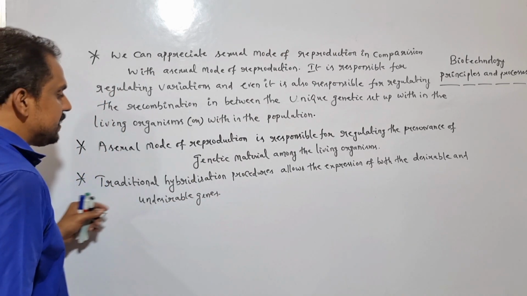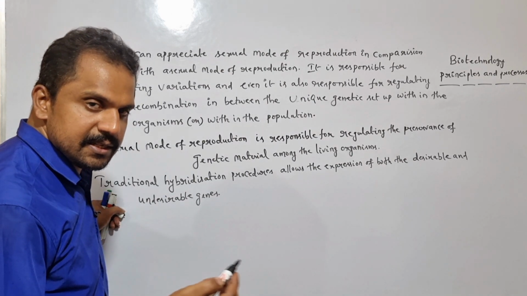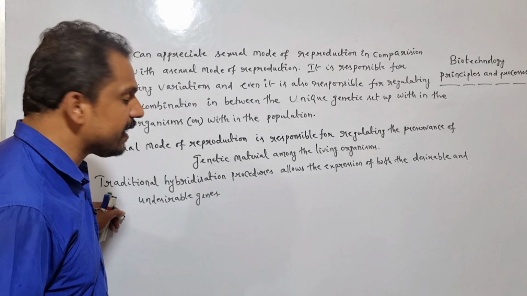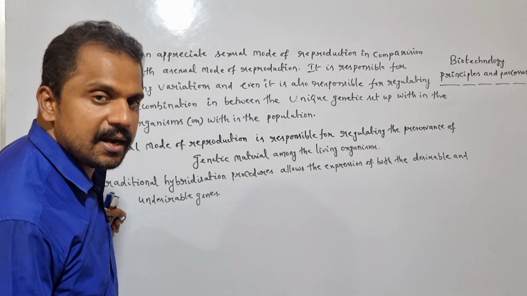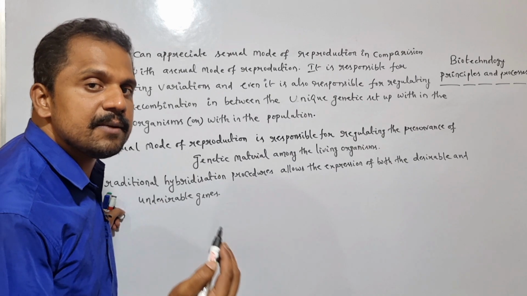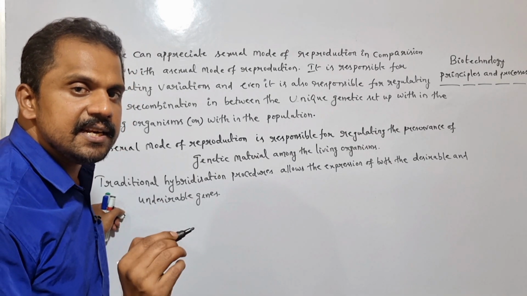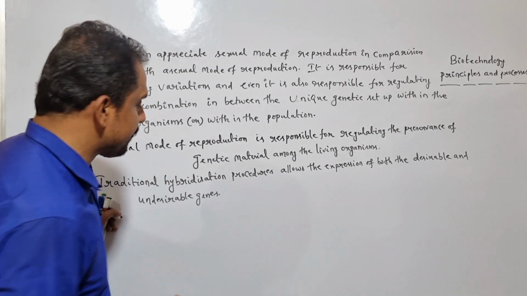Right? So instead of taking advantage of the traditional hybridization procedures like the sexual mode of reproduction, we can take advantage of an alternative strategy through which we can clone only the desirable genes but not the undesirable genes. Here it is termed gene cloning or gene transfer.